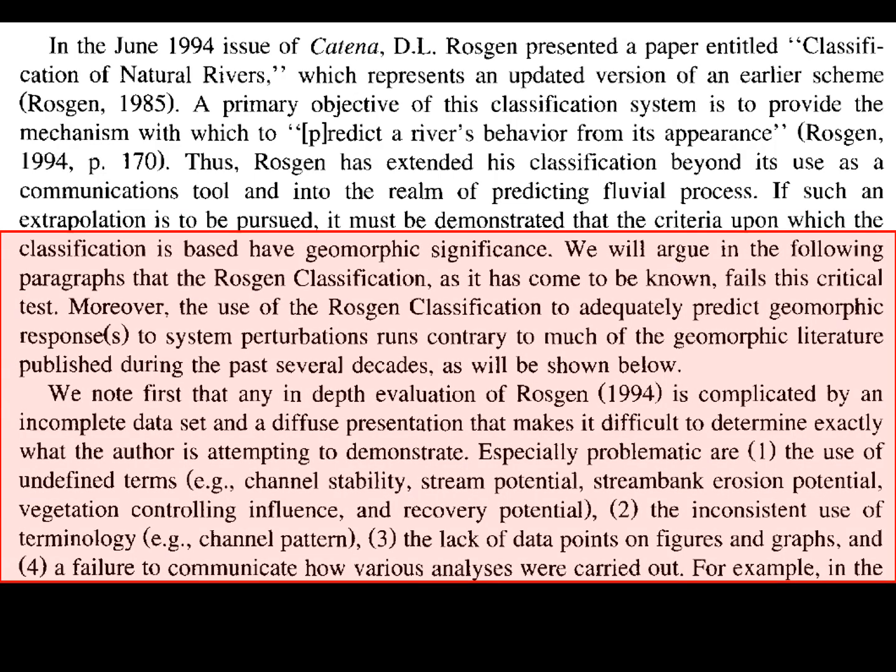And so this Rosgen classification, or natural channel design as it's referred to, is really the approach that is generally taken for compensatory mitigation. So it's a bit concerning that geomorphologists that have studied it have concluded that it doesn't really work all that well.